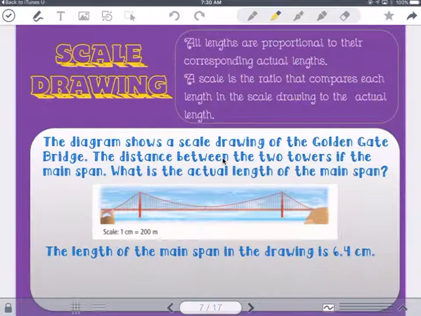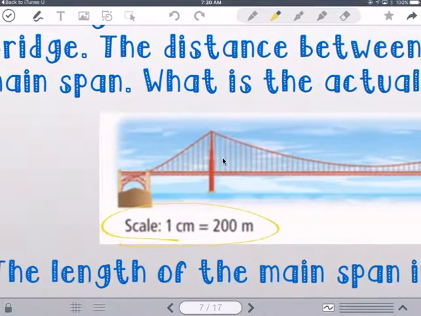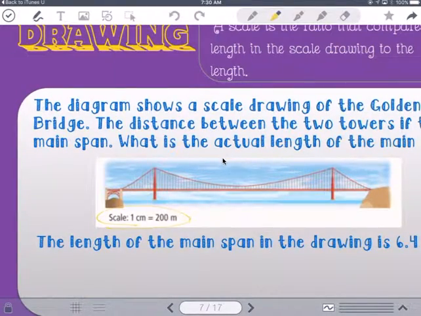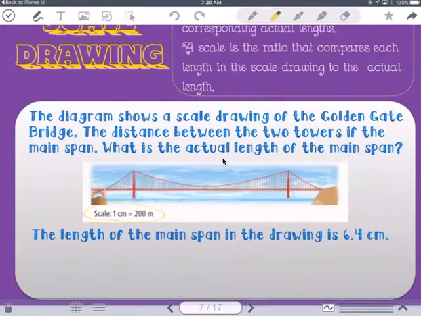So it says the diagram shows a scale drawing of the Golden Gate Bridge. The distance between the two towers is the main span. So it's saying down here, if you look at the scale, 1 centimeter equals 200 meters. What is the actual length of the main span? Okay.